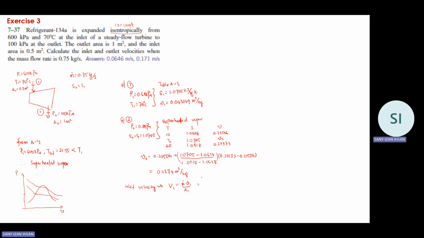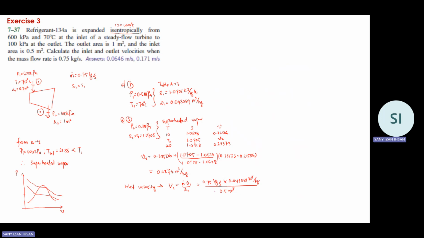So if you substitute everything, you have 0.75 kilogram per second multiplied by V1, which is 0.043069 meter cube per kilogram, divided by A1, which is 0.5 meter squared.